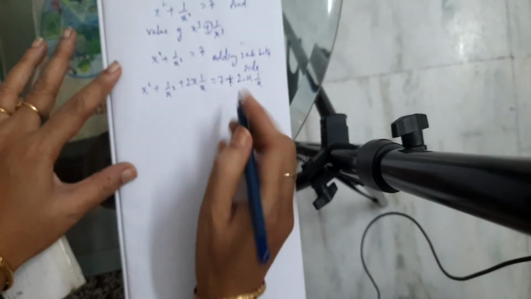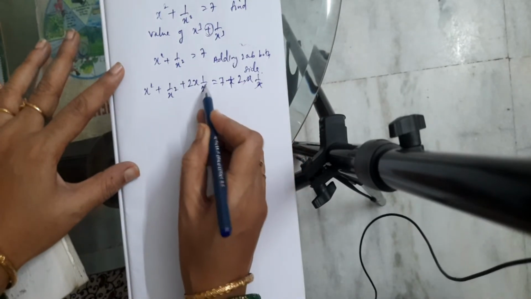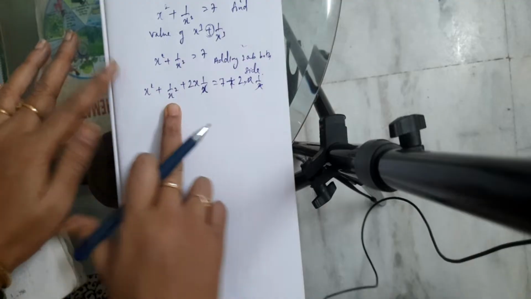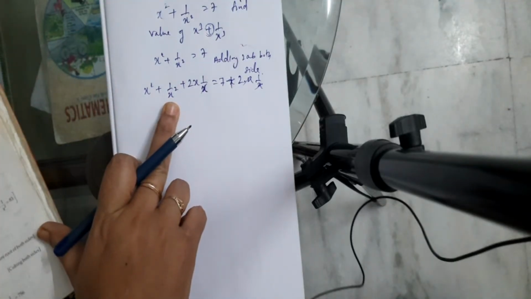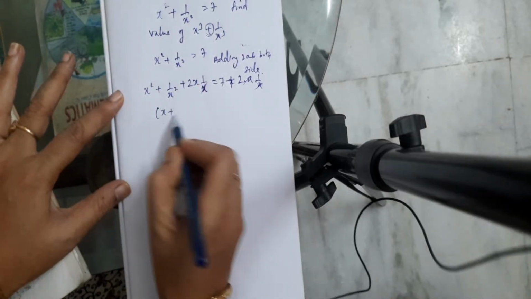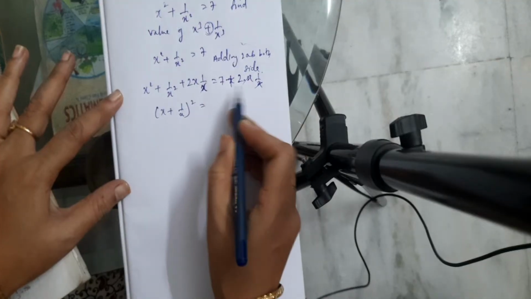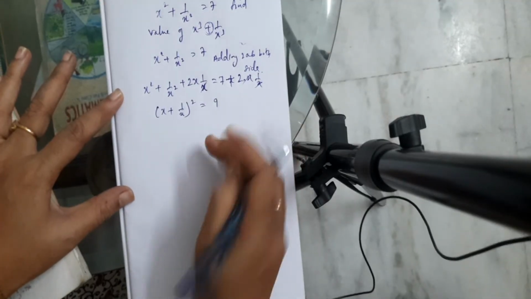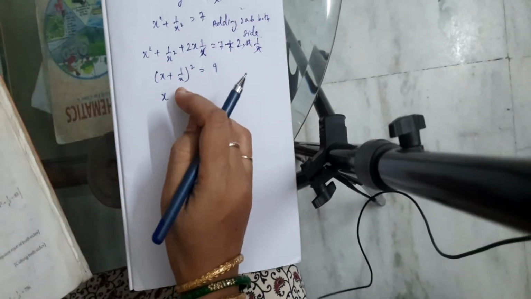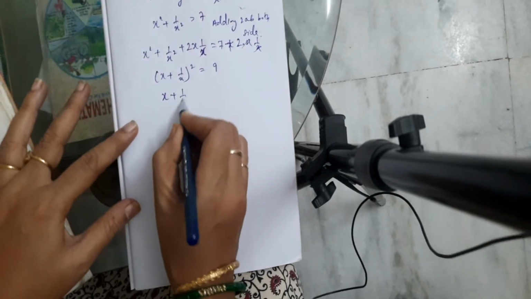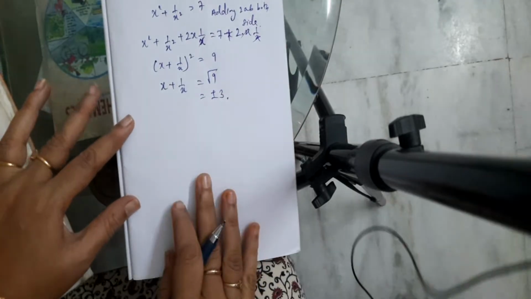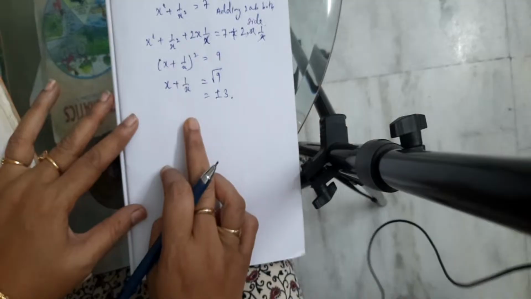As x and x get cancelled, this is now in the a square plus 2ab plus b square form, so we convert it to a plus b whole square, and here it is 7 plus 2, which is 9. As we got x plus 1 by x whole square as 9, taking the root on both sides, x plus 1 by x is root of 9, which is plus or minus 3. We got the value of x plus 1 by x.